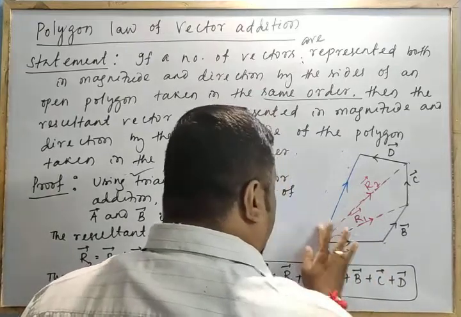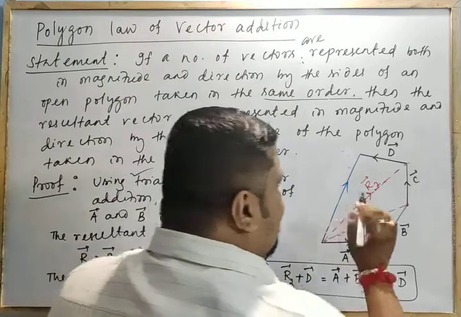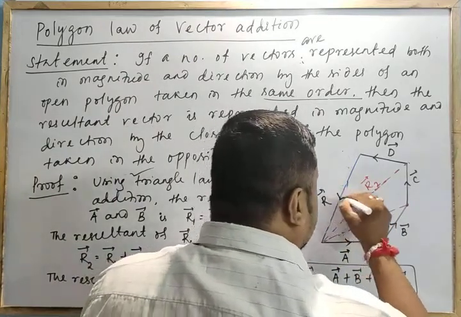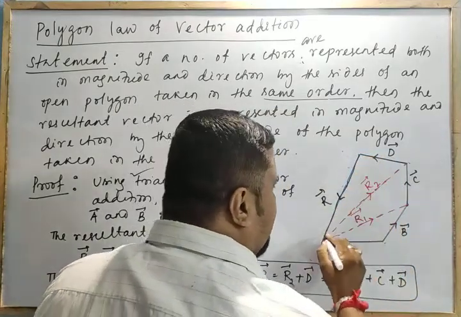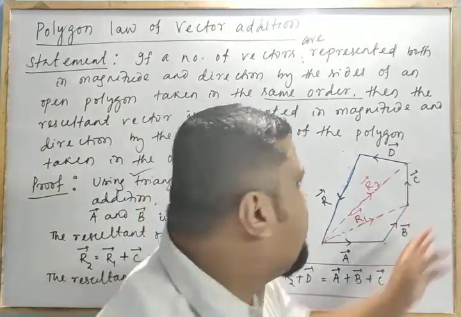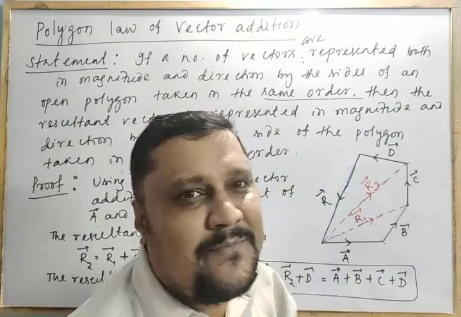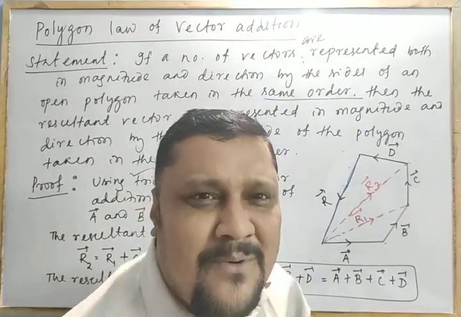R is a vector, but this is not the resultant case. R is a vector which is also in the same order. You are given 4 vectors, but you represent these 4 vectors as the 4 sides of a closed polygon taken in the same order. Then what is the resultant? 0.